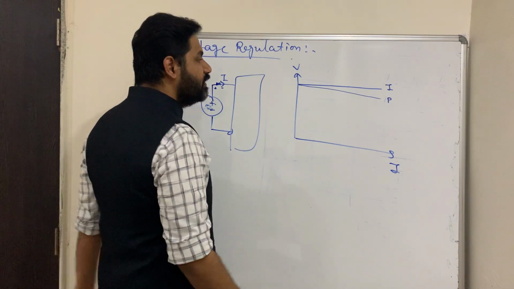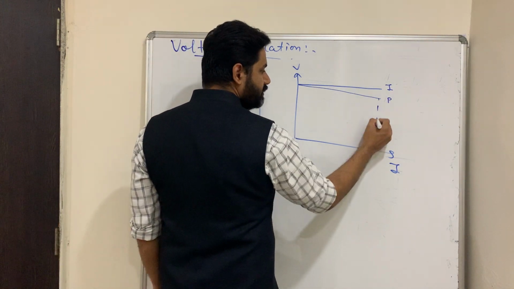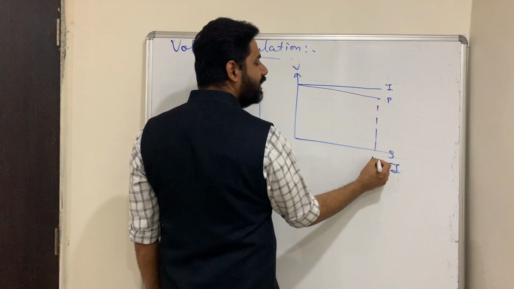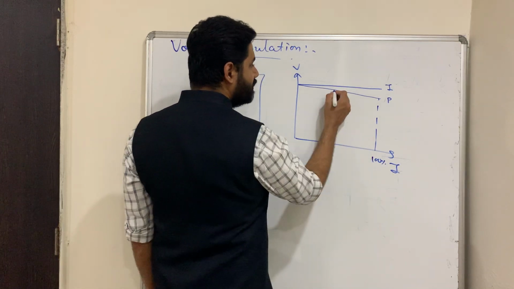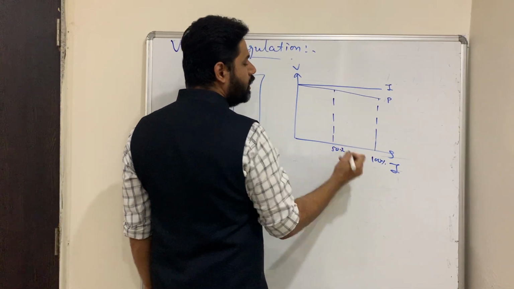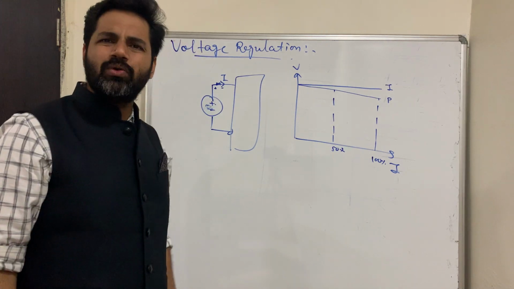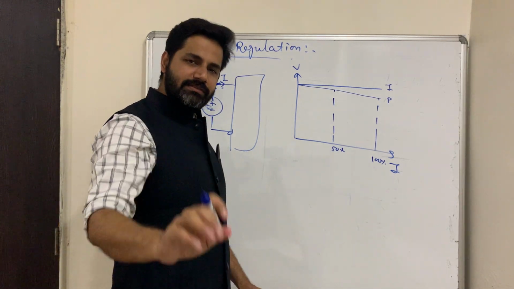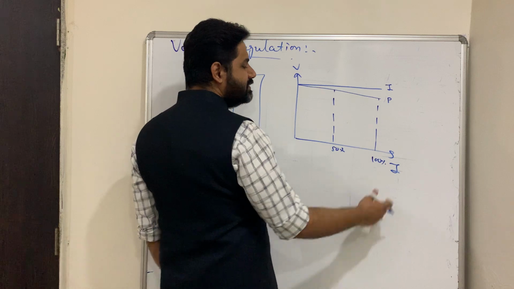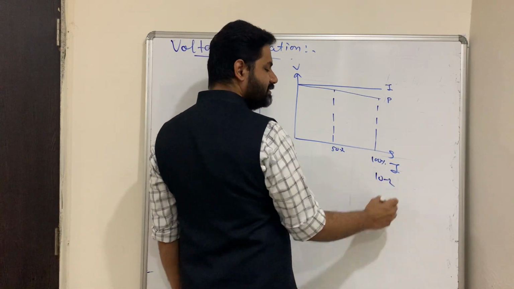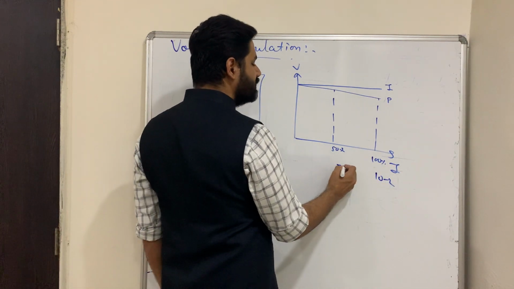So suppose this is 100% load and this is 50% load. You consider this a 5 ohm resistor and this a 10 ohm resistor.